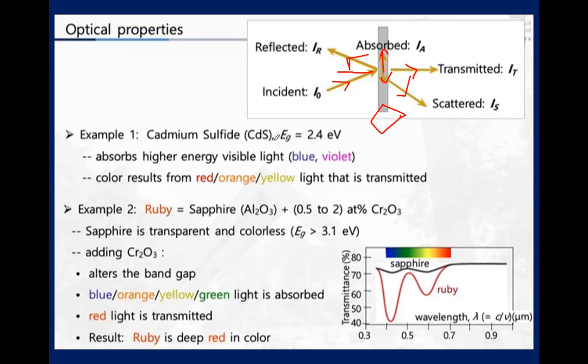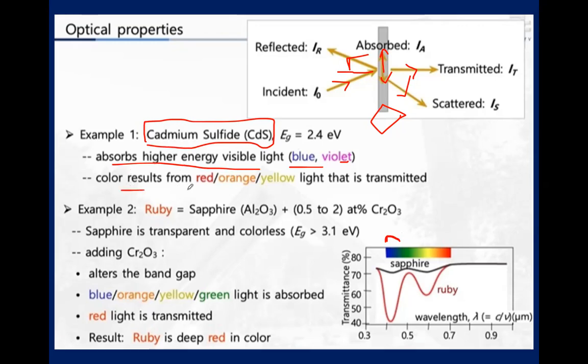So, in the case of cadmium sulfide, it's also a crystal, right? It absorbs higher energy visible light, like blue and violet colors, right? So that means this is the higher energy range of the electromagnetic spectrum. Those are absorbed. So you will never see blue or violet colors from this crystal.